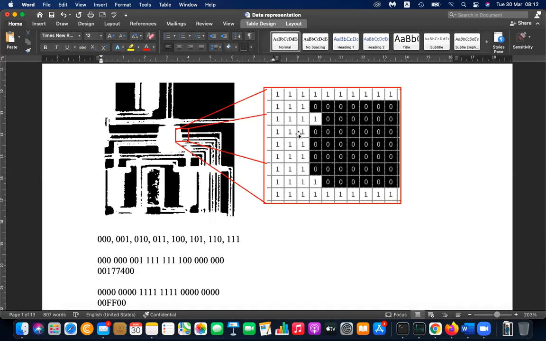When an LED bulb is on, it's white color. When LED bulbs are off, it's black color. If you zoom into a small part of this image, you can tell the on bulbs are 1 and the off bulbs are 0. That is how representation happens in an image.